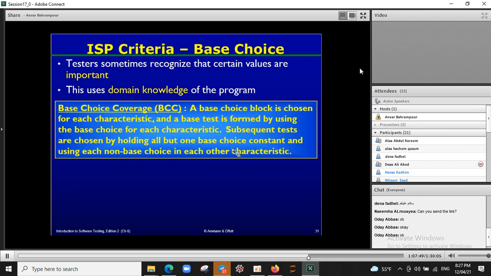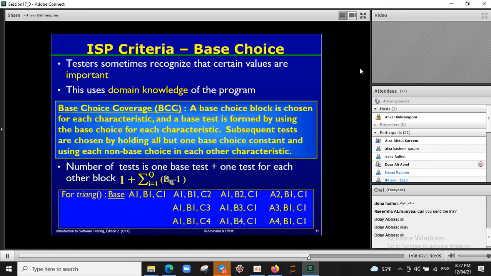Suppose our triangle example, we have a base choice. All of us know that all of these combinations are invalid.